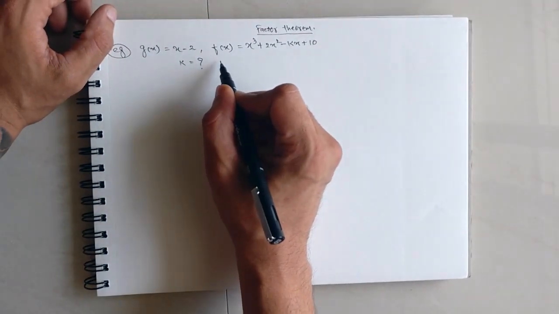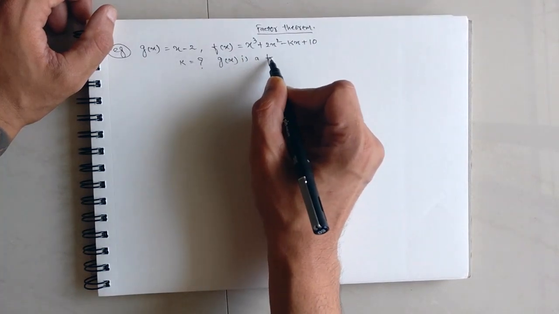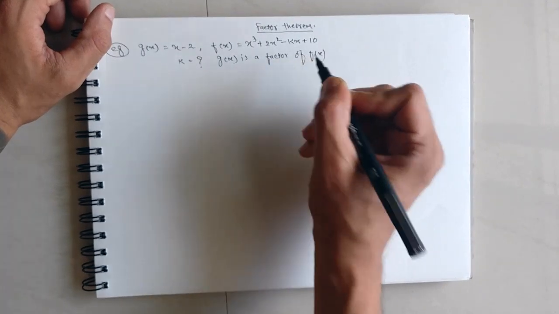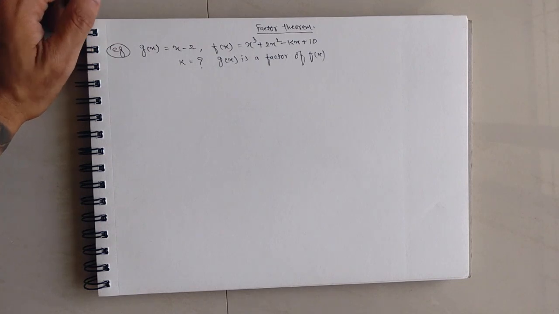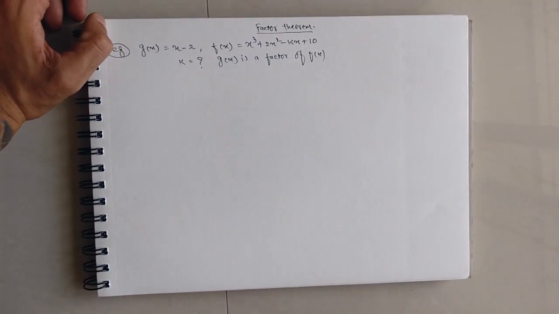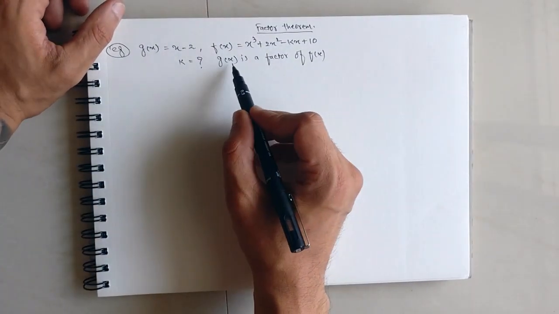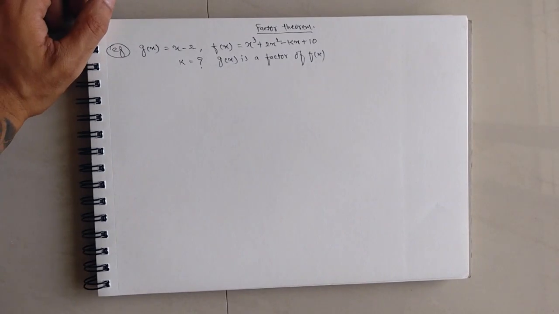So it is given that g of x is a factor of f of x. Now if g of x is a factor of f of x, what remainder will you get when you divide f of x by g of x? 0. So that's factor theorem, right? They have already given that g of x is a factor of f of x, so we already know that remainder is going to be 0.